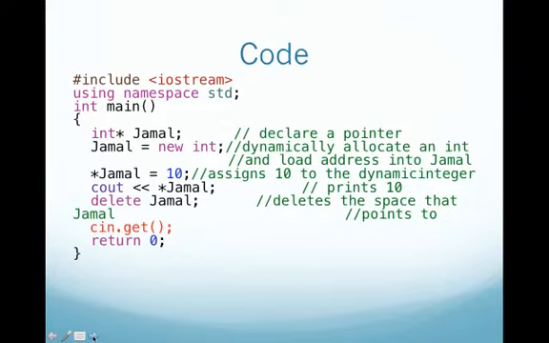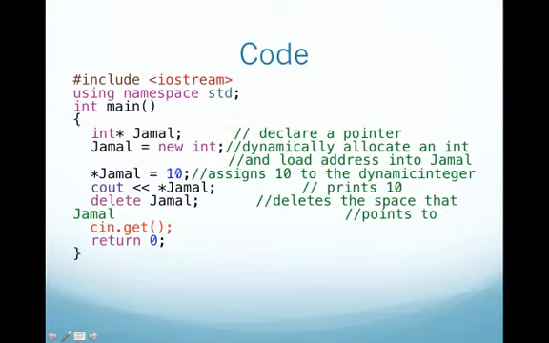Here we have a coding example. Now here we declare a pointer. The pointer's name is Jamal. Right now this pointer is pointing to nothing. Then we dynamically allocate a new integer and load the address of this new integer into Jamal. So this pointer Jamal is now pointing to the address where this new integer is located. Now we want to assign the value 10 to this new integer.